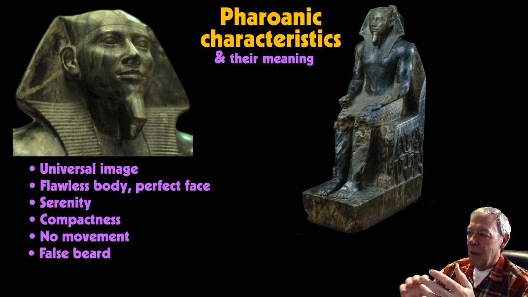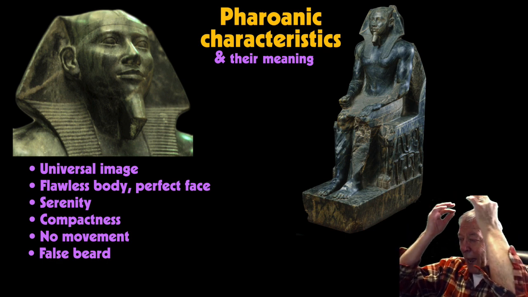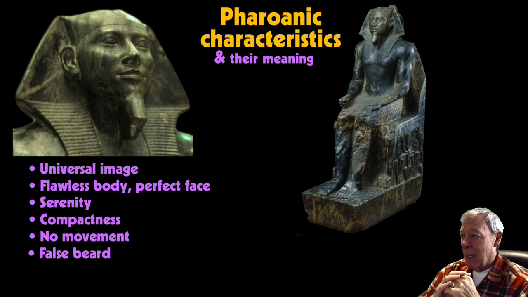But in the case of the pharaoh, that's a false beard that he's wearing, a beard that would have been attached to the head with a strap, and then the strap would be hidden with the headdress.